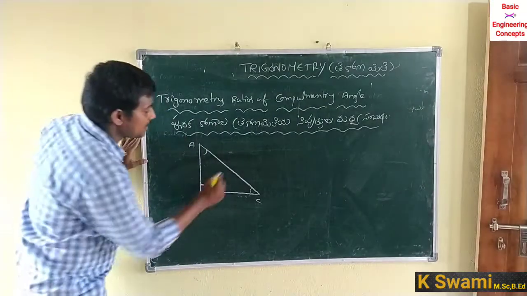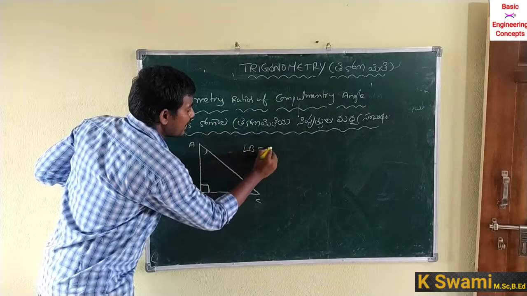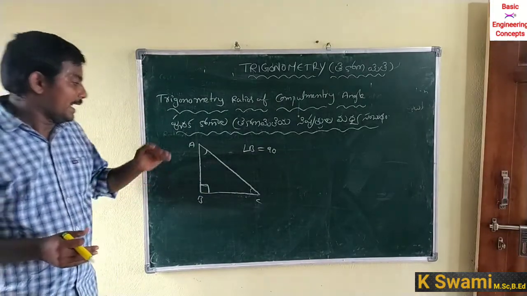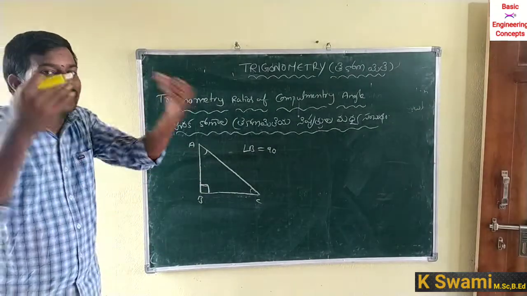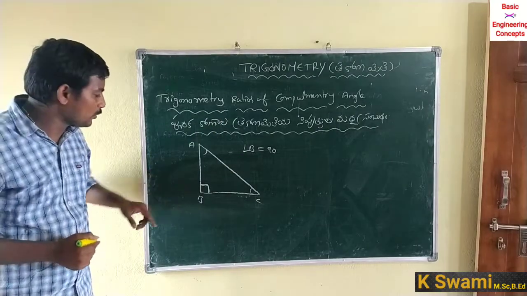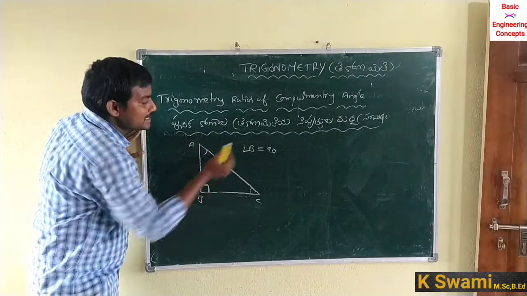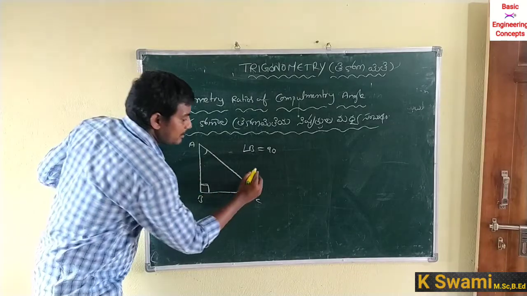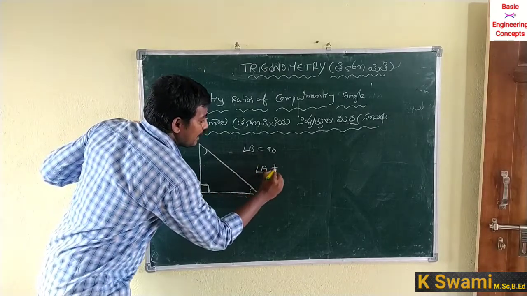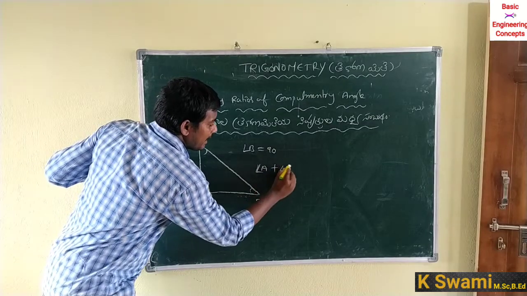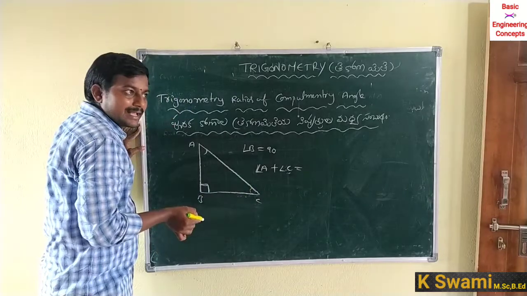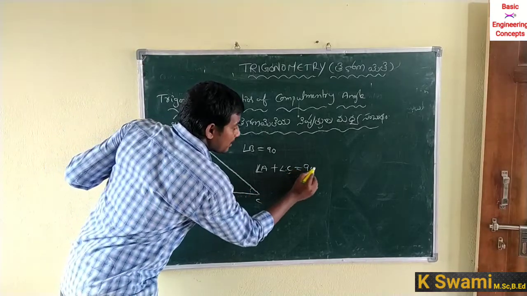Finally, the angle B is equal to 90 degrees. We know that the sum of the angles of a triangle is equal to 180 degrees. So one angle is equal to 90 degrees, and for the other two angles, angle A and angle C, the sum of angle A plus angle C is equal to 90 degrees.